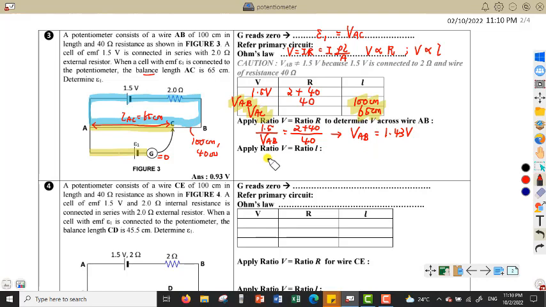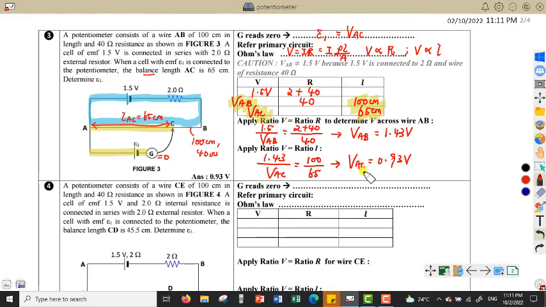So the VAB is 1.43 over VAC equal to 100 over 65. So we will get our VAC equal to 0.93 volt. Then class, remember, when G reads 0, the VAC will equal E1.